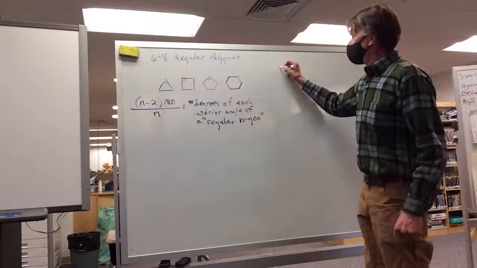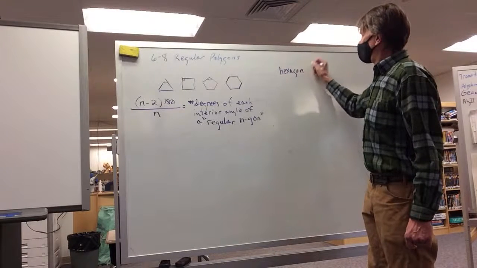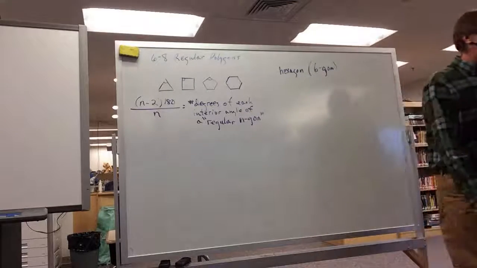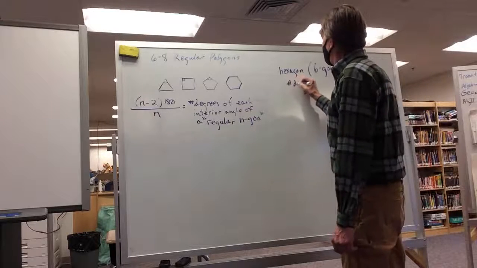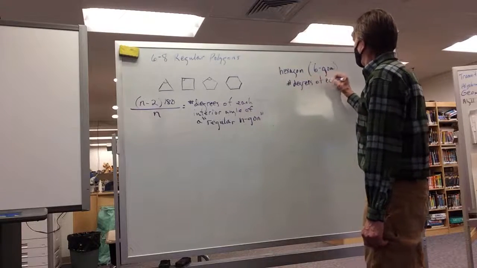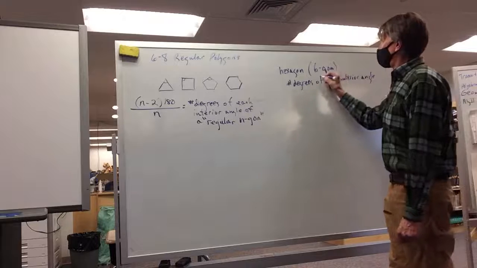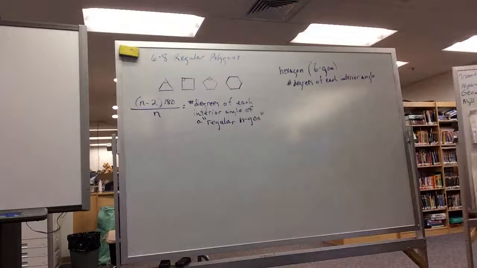So how about a hexagon? A six-gon. What's going to be the number of degrees of each interior angle? 120.